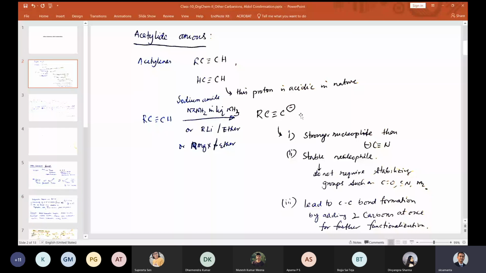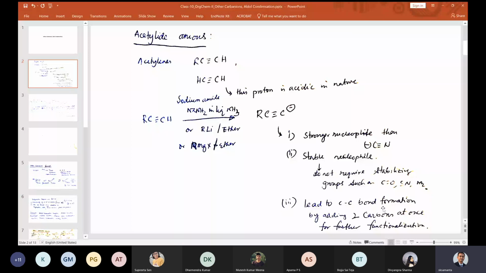This acetylide anion has three different aspects here. It is a stronger nucleophile than the cyanide anion. It is a stable nucleophile, so it does not require any stabilizing group like C double bond O, C triple bond N, or NO2. And third, as you can see, it leads to C-C bond formation by adding two carbons at once for further functionalization.